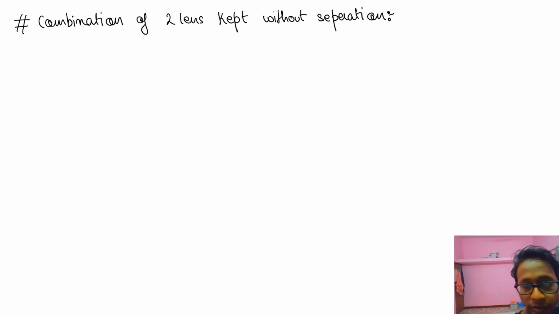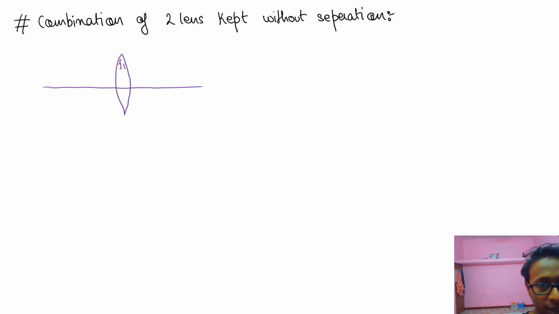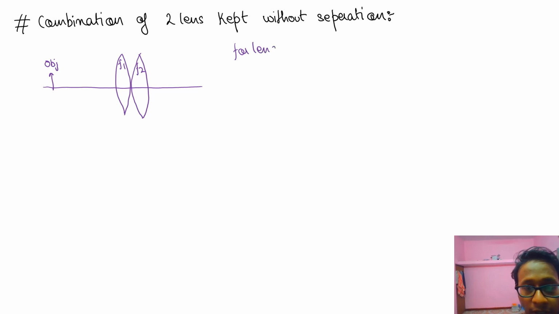This one is the first lens whose focal length is f1, and this one is the second lens whose focal length is f2. If an object is out here, for lens 1, I can simply apply 1 by v minus 1 by u is equal to 1 by f.